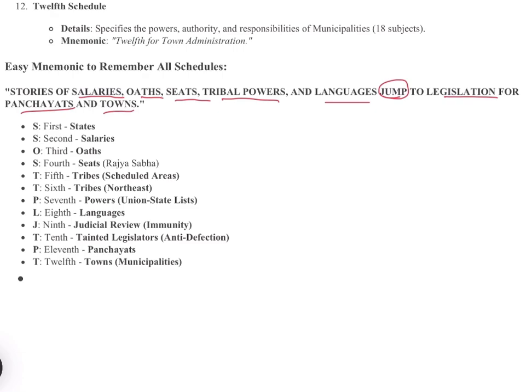Stories means S stands for states. Then salaries, then oaths, then seats, then tribal powers, which means the fifth and sixth schedule. The sixth talks about only four states, ATM square, and the fifth talks about 10 states that we saw earlier.